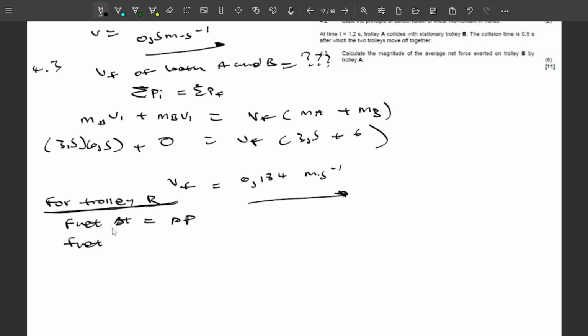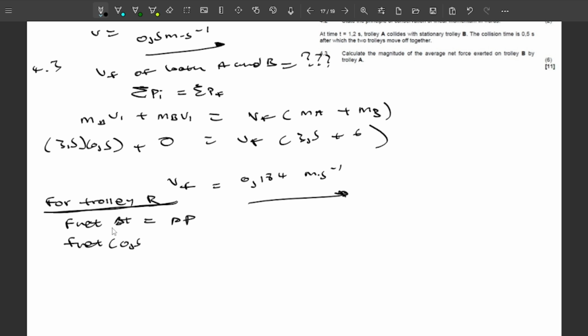Yeah, at 1.2 seconds. That doesn't mean that that is the change in time at that point. Basically, we're going to use the collision time, because that is the time at which the two trolleys came into contact with one another. That is the time it took, right? And the collision time, right? They were coming close to each other, right?